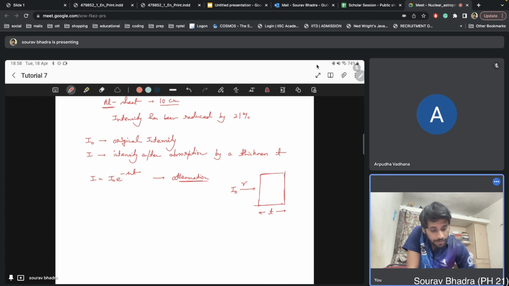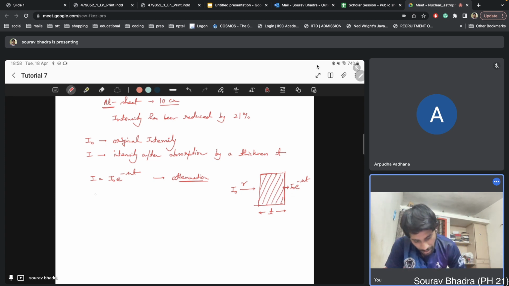Now the ray which will emit from this part will be I0 e to the power minus mu t. That is what I am trying to say, if the thickness is t.